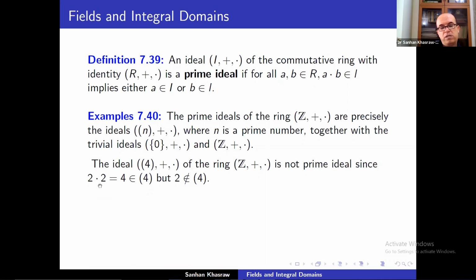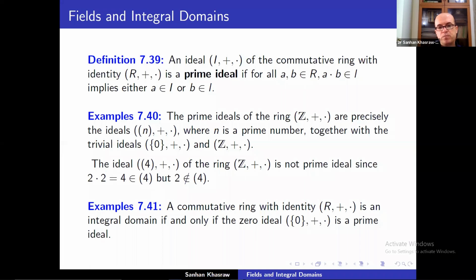But here, 2 times 2 is in the ideal generated by 4, but 2 is not in it. The same holds for other composite numbers n. Let me say n is equal to 6: 2 times 3 is in the ideal generated by 6, but neither 2 nor 3 is in the ideal generated by 6. Okay, so the prime ideals in Z are those generated by prime numbers, plus 0.